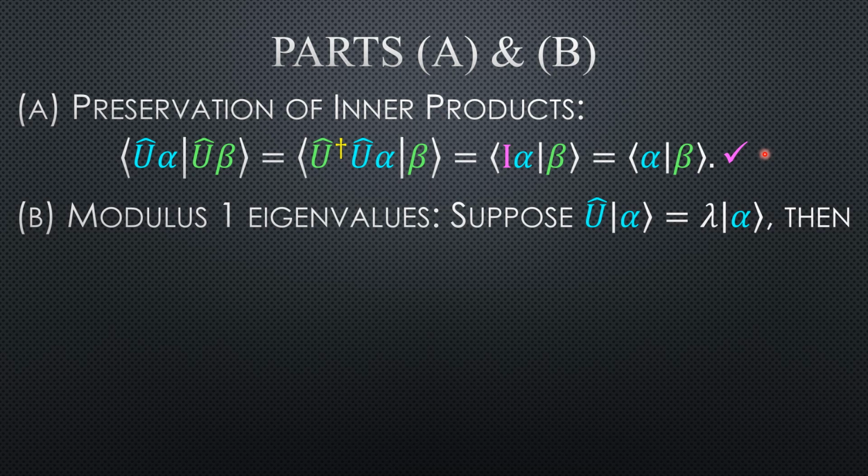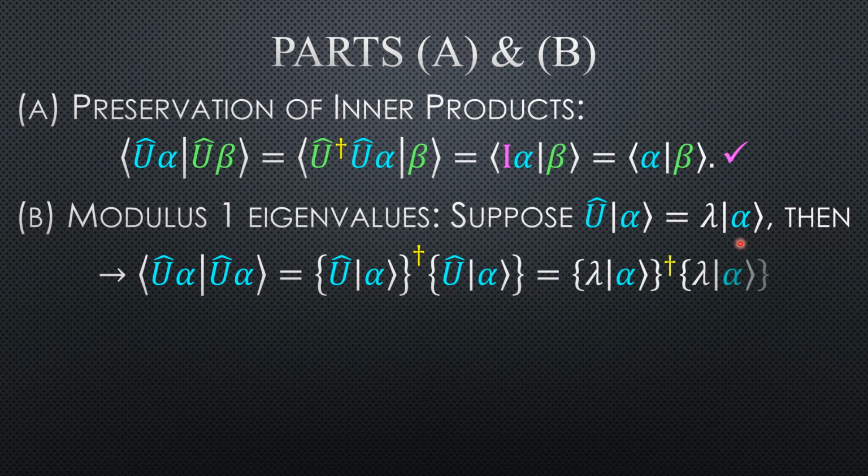As far as modulus 1 eigenvalues, we have to first suppose that this leads to an eigenvalue equation. So that being said, the unitary transform acting on the ket vector alpha leads to some scalar lambda, which is the eigenvalue, of the same vector. If this is true, then we know that ⟨Uα|Uα⟩, we can break this bra, turn it into a ket by using the dagger notation. And then we see that, okay, I have U acting on alpha, U acting on alpha.